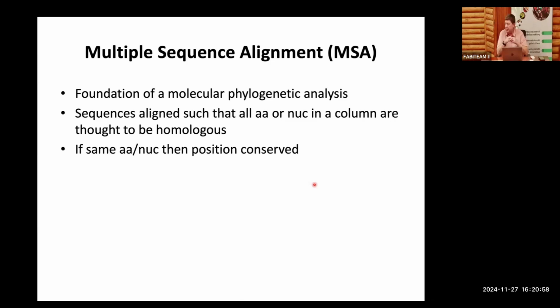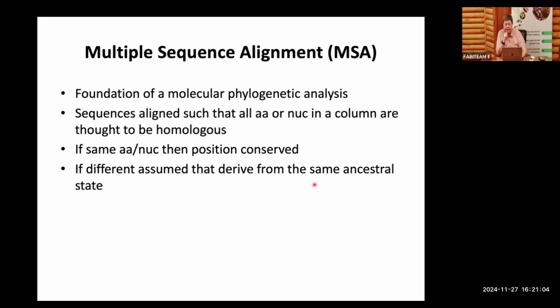If we have the same amino acid or nucleotide character, then that position is conserved. But if it's different, then it's derived from the same ancestral state. So what we're trying to do is align it so column 1 will be a character. Anything in that column will be assumed to be the result of homology through common ancestry.